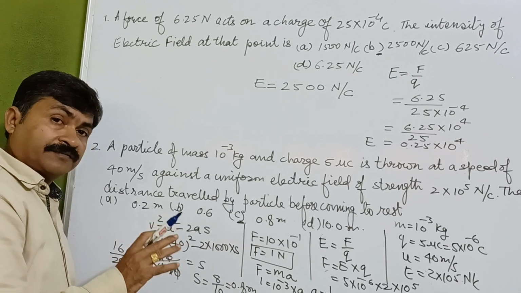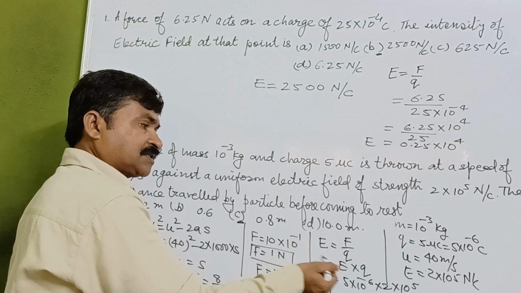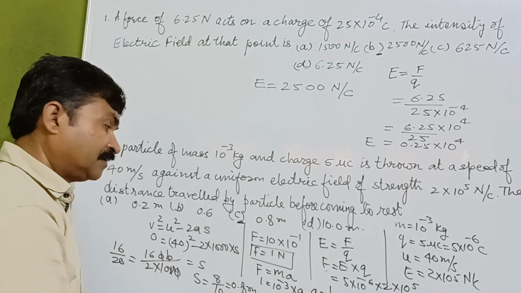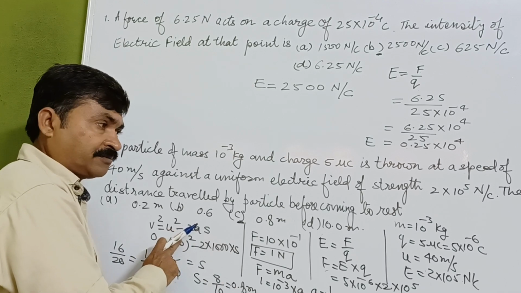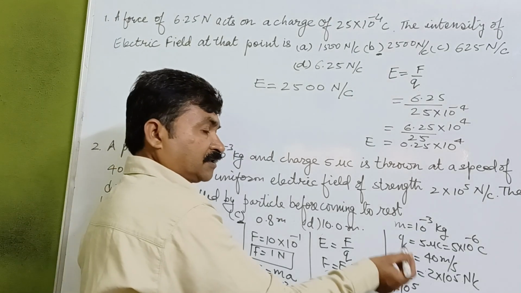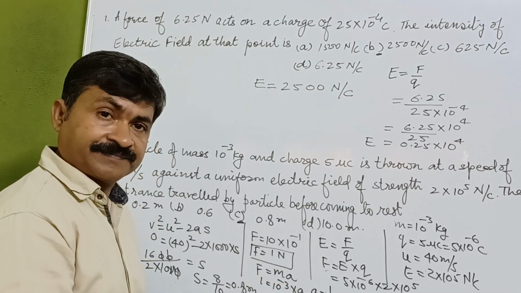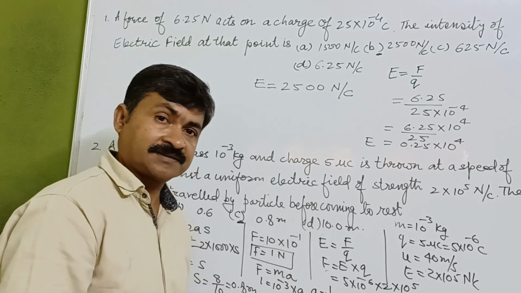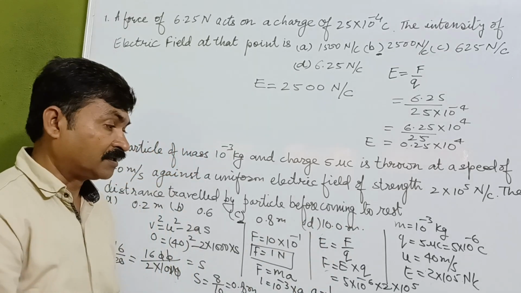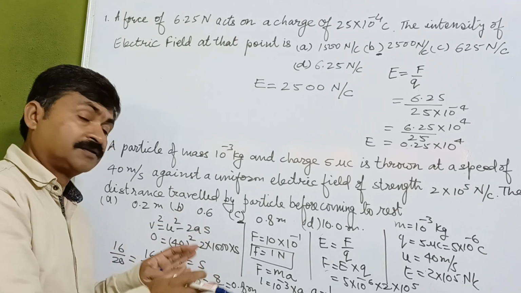We need to know each and every thing, because here Newton's second law of motion is applicable, and we used the third equation of motion. It is a combination of kinematics as well as electrostatics. So we have to think over it and do it like this.